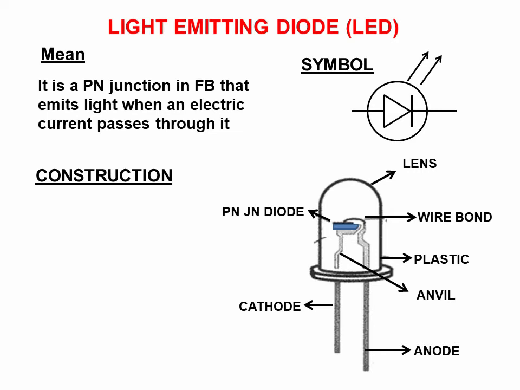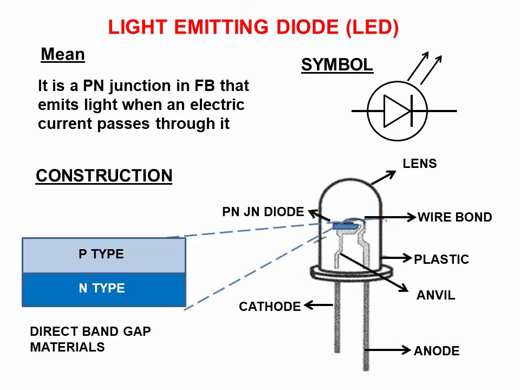The contacts are made with lead frames. At the anode frame, a golden wire is bonded to the p-type semiconductor. The cathode frame is connected with the n-type semiconductor of the diode. The transparent plastic case encloses the chip area. At the top side, an epoxy lens case is designed.